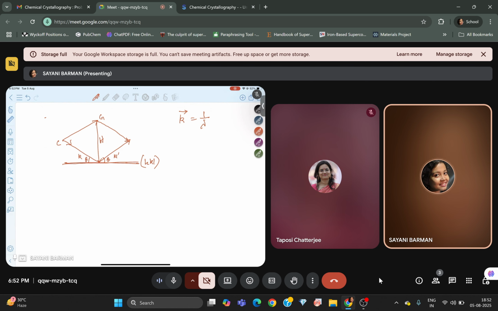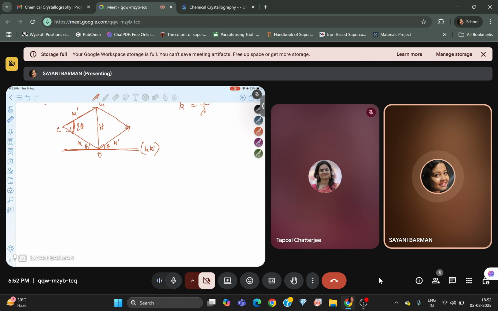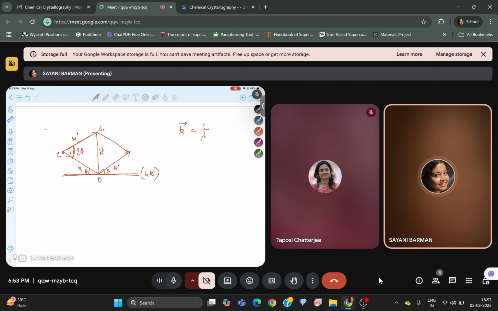Let's say the names are H, G, and O, and this one must be k prime, k bar, or k prime, whatever. So now this angle is 2 theta. This is your basic trigonometry knowledge. Now if we draw a circle taking this C point as the center, it will be somewhat like this.